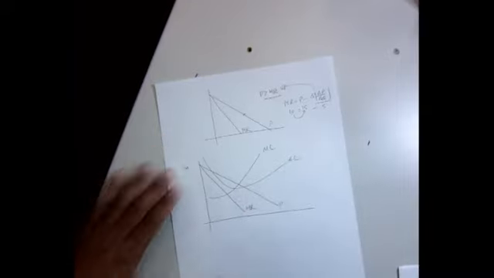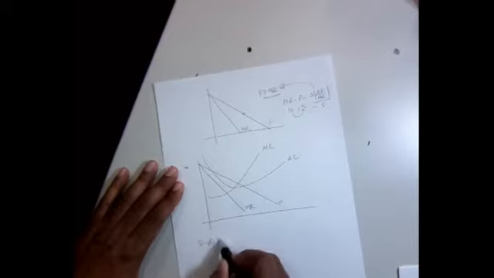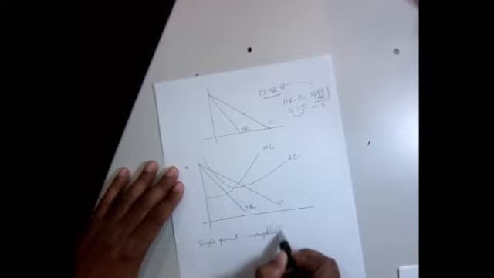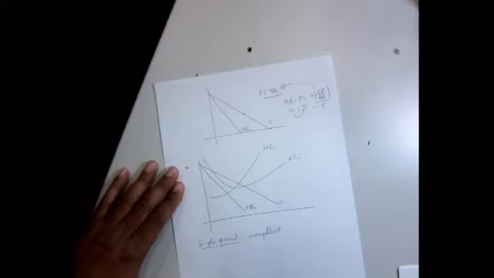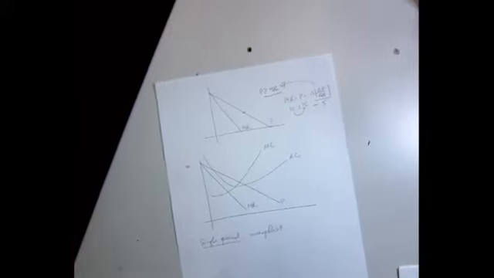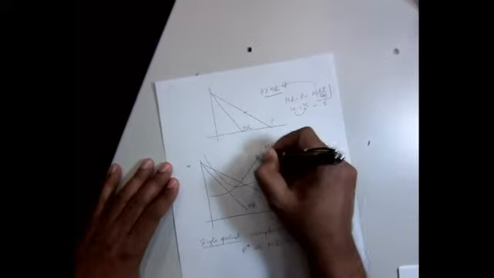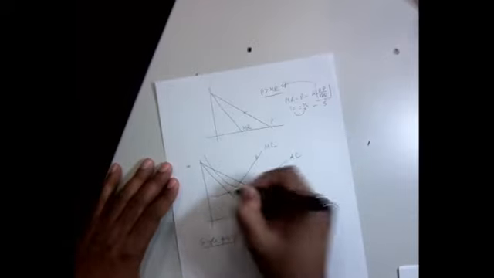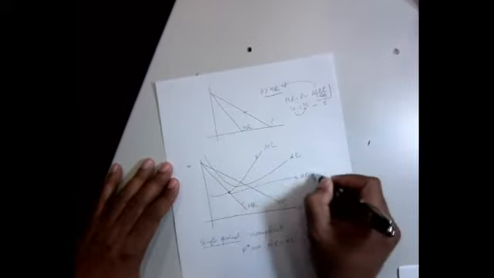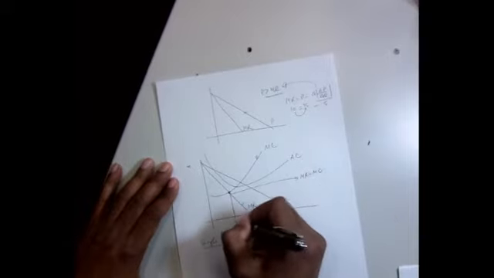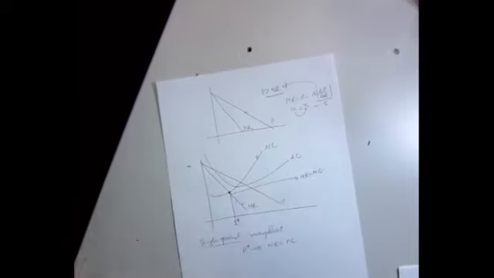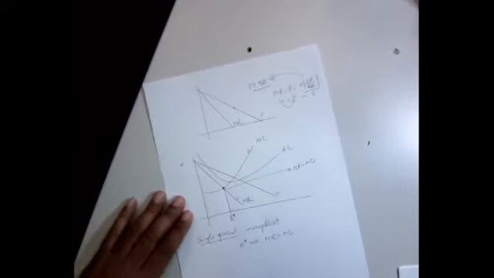Now I'm assuming this is a single price monopolist, which means he's not allowed to discriminate the price. He will choose only one price. Then what price will he choose? The price where marginal revenue equals marginal cost. So let's see, this is the marginal cost, this is the marginal revenue, this is the point where MR equals MC. Now you got your Q star. So remember, in perfect competition, how do we get the Q star? When P equals MC.